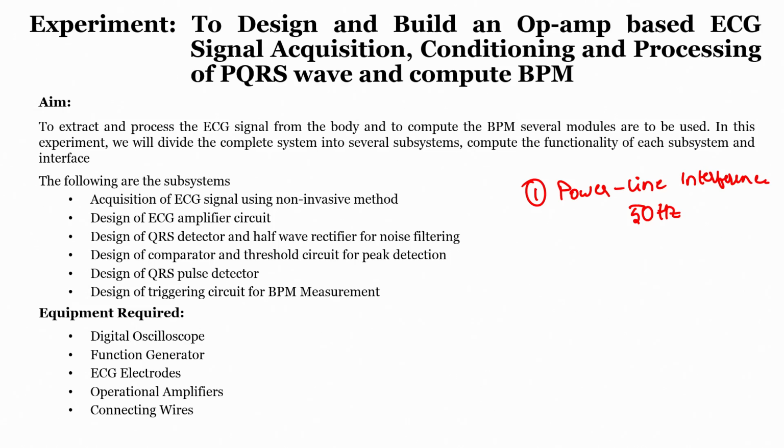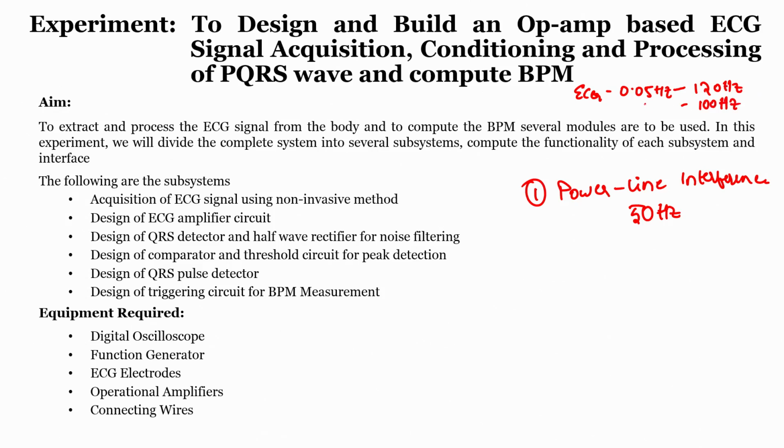So, we may not require frequencies beyond those. One way to remove them is to first know the frequency range of our ECG signal. Generally, the ECG signal frequency is somewhere around 0.05 hertz to 120 hertz, or generally they also say up to 100 hertz.